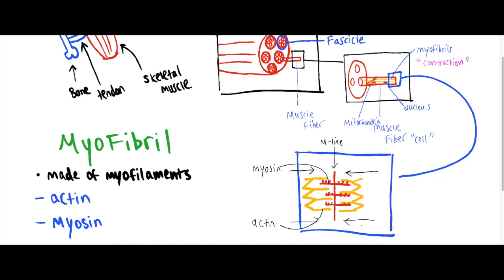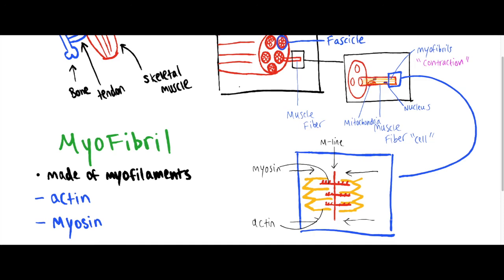Keep in mind, when this pulling towards the M line happens, this is the action of contraction. When this happens with the myofibril, the muscle fiber, the muscle cell, is also going to contract. It's going to shorten, and as a result, the whole muscle is going to shorten or contract.